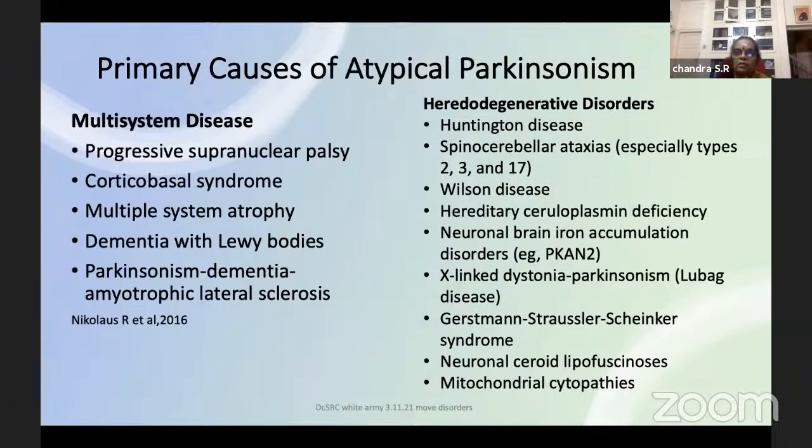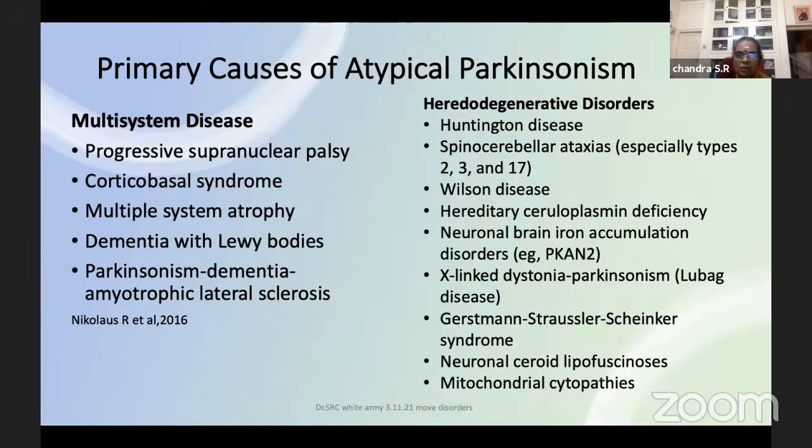That is the heredodegenerative disorders, where Parkinsonism is not the primary feature. Many other features are there, and Parkinsonian symptoms come in: Huntington's disease, chorea with PD, ataxia with PD, Wilson's multiaxial, hereditary aceruloplasminemia, hypoceruloplasminemia, NBIA disorders, X-linked dystonia Parkinsonism, Gerstmann-Sträussler, that is prion disease, where ataxia and myoclonus dominate, neuronal ceroid lipofuscinosis, and mitochondrial cytopathies.